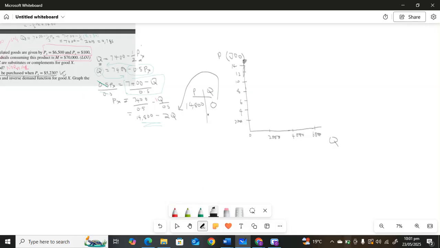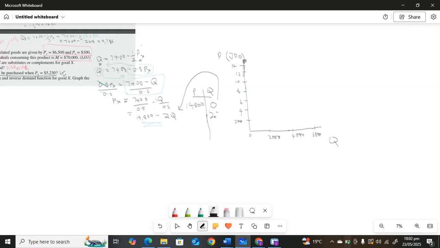The formula you're using is the inverse demand function, so you replace Q with the value, and that's how we got 14,800 as P.